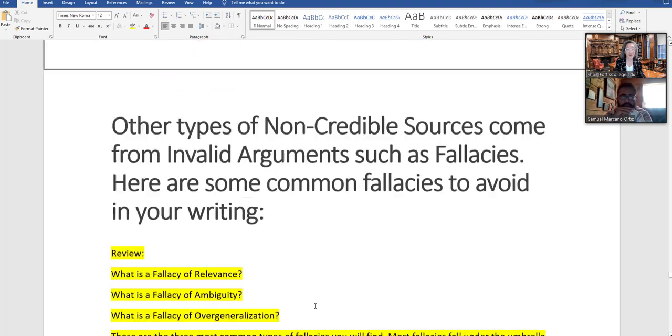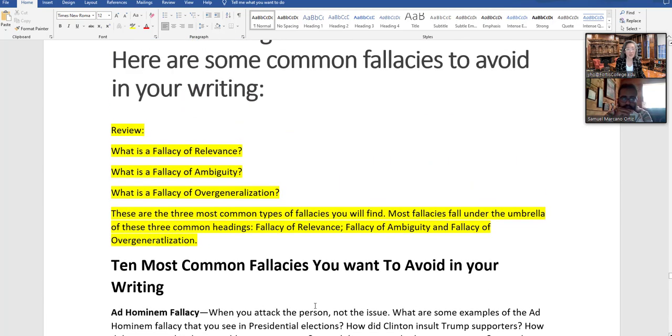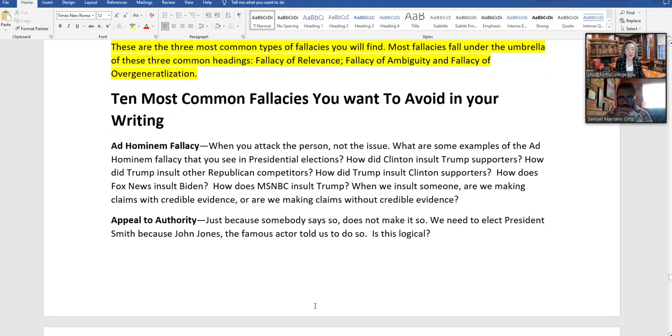And then here you have fallacies. You have different kinds of illogical arguments. A fallacy is an illogical argument. During the 2020 election, if you attack the other person, calling him names, you're slow Joe, you're stupid Jim, that's known as an ad hominem fallacy.